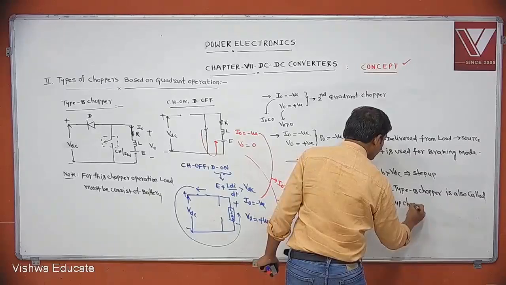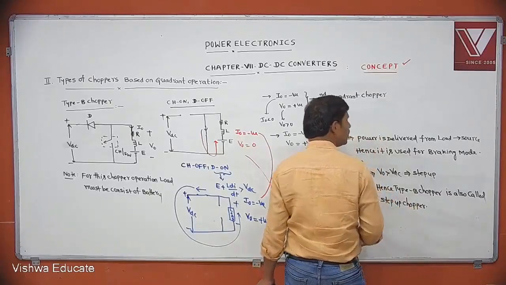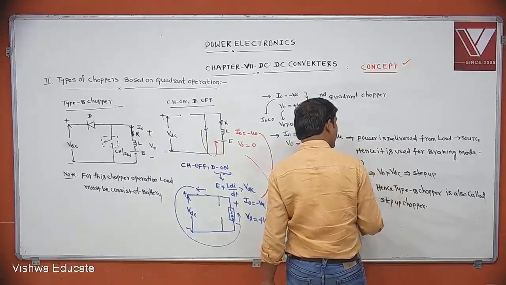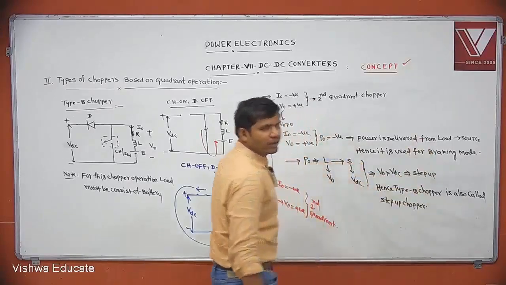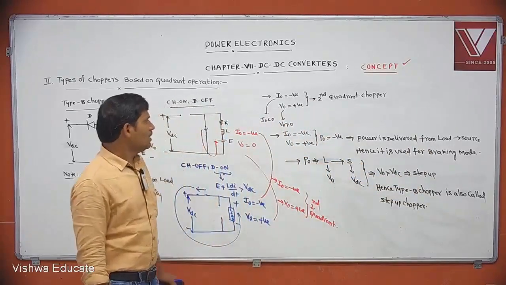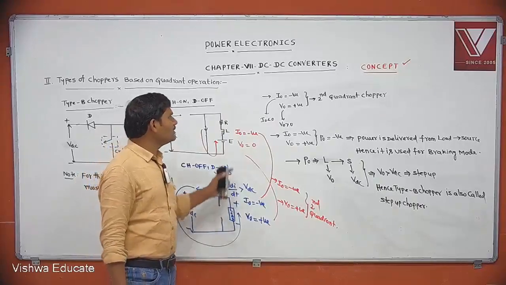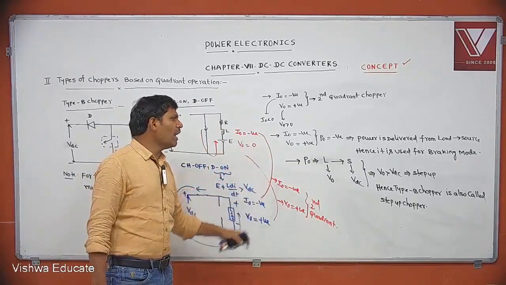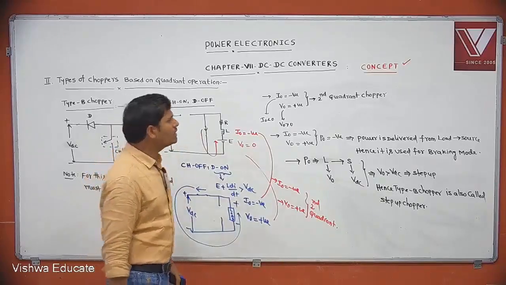The analysis is the same as the formulas I gave for the step up chopper or boost regulator: average voltage, RMS voltage, average load current. That formula is applicable here, no need to separate. Remember these points: it is a second quadrant chopper, more favorable for braking mode, and type B chopper is also called step up chopper.